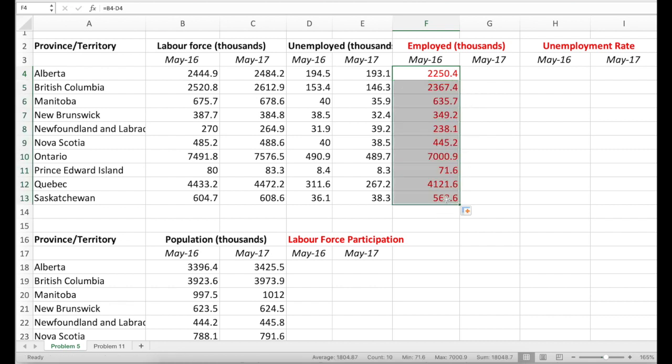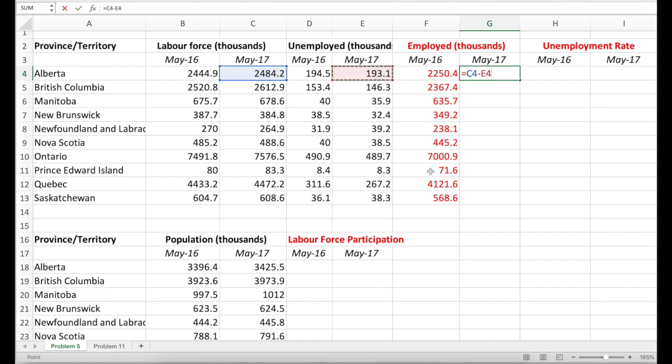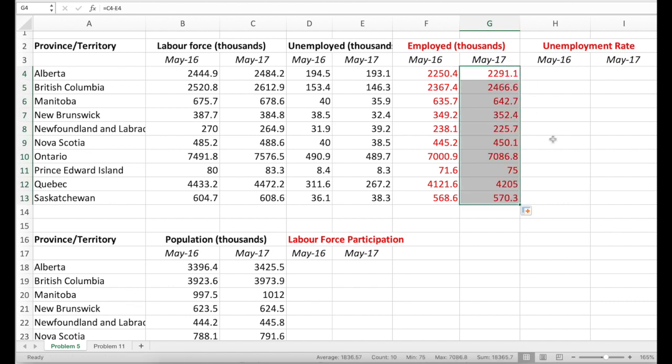And I can copy and paste this formula downwards for the other provinces. So let's do that for 2017. For Alberta, this is the labor force there in 2017 minus unemployed people. That gives me the employed people. And again, I can just copy and paste the formula to get the employed people in all the provinces.